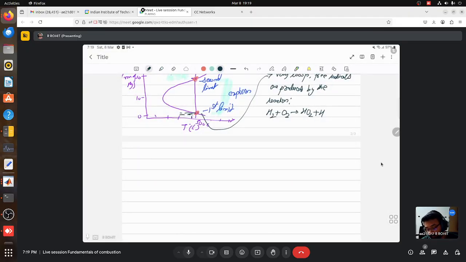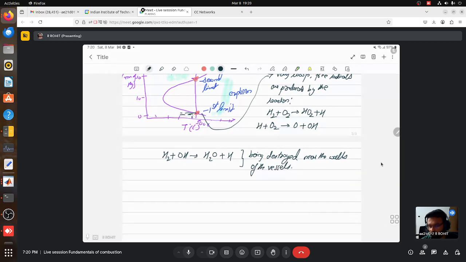And then you had chain sequence reactions like H plus O2 giving rise to O plus OH, and then H2 plus OH giving rise to H2O plus H. So you can see that these radicals are produced, but they are being destroyed near the walls of the vessels, and wall reactions are not gas-phase reactions.